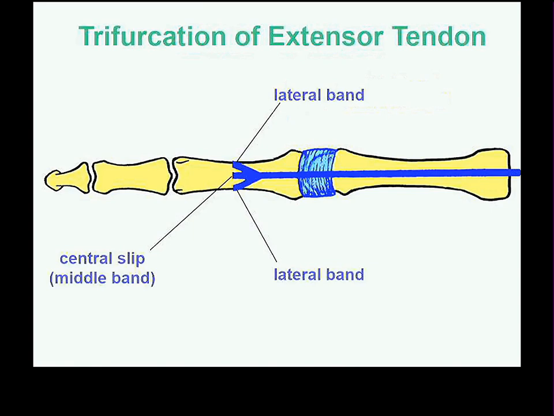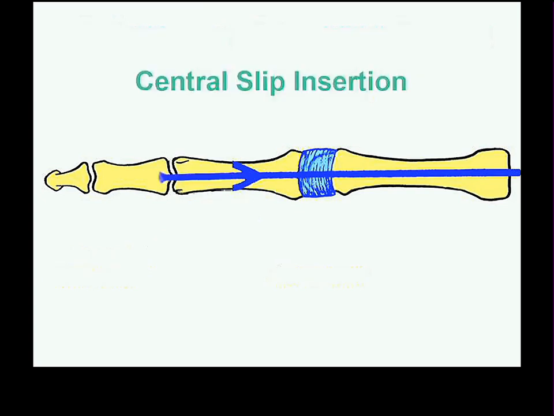And then the three parts each get a name. The two peripheral parts are called lateral bands. The thing in the middle is called the central slip or the middle band. The central slip, middle band, inserts onto the base of the middle phalanx.